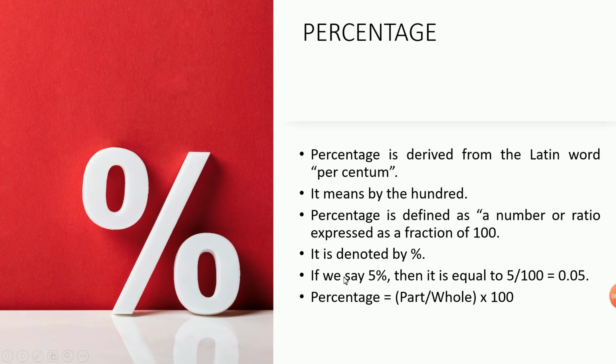If we say 5%, it is equal to 5 by 100, which is also equal to 0.05. In general, percentage equals the part, how much is being taken, divided by the whole, multiplied by 100%. That is the percentage meaning.